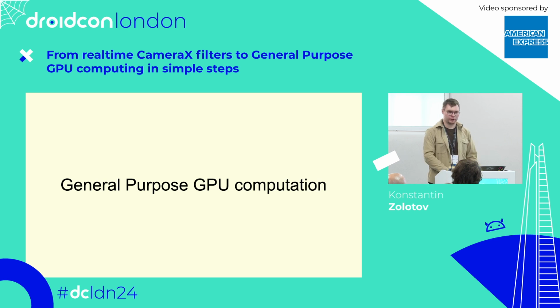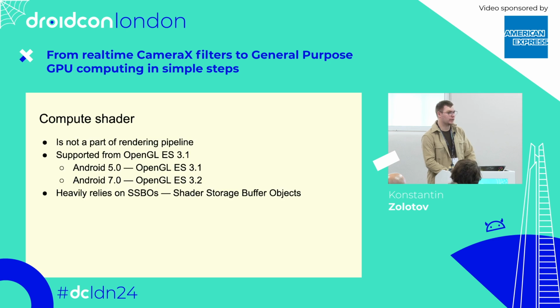But when I discovered that, I also saw that there are other types of shaders. Those shaders are called compute shaders. They are not part of the rendering pipeline, but they allow you to do any computations you want.